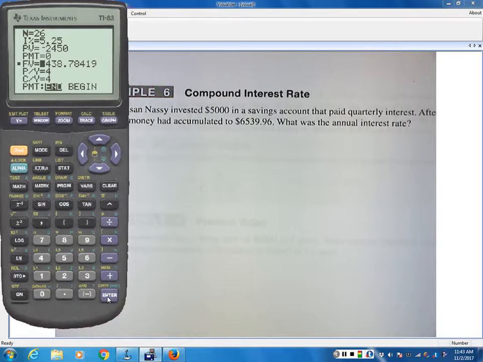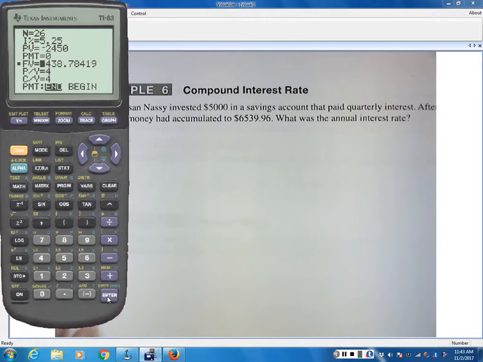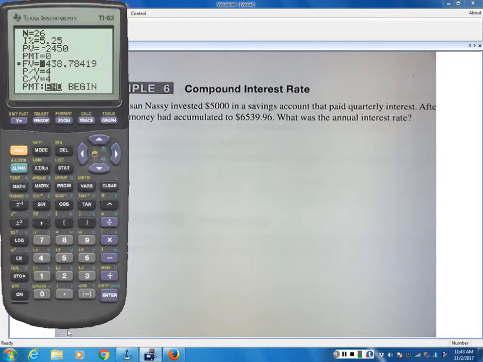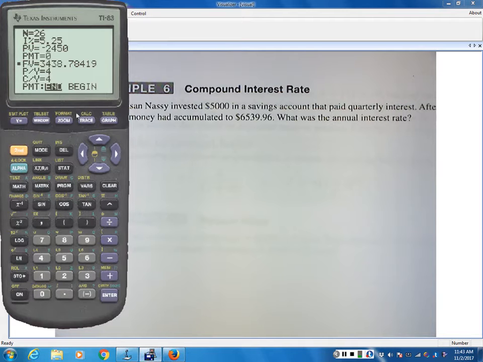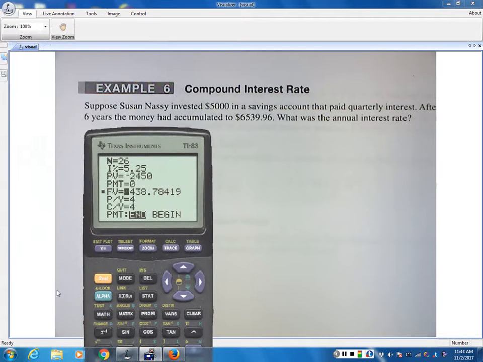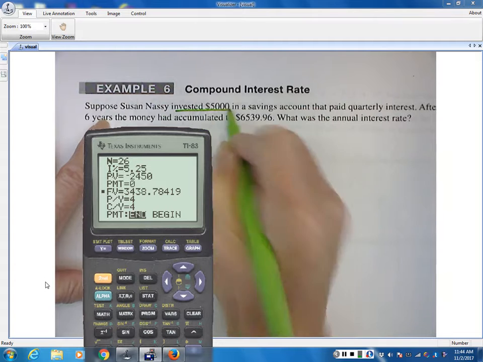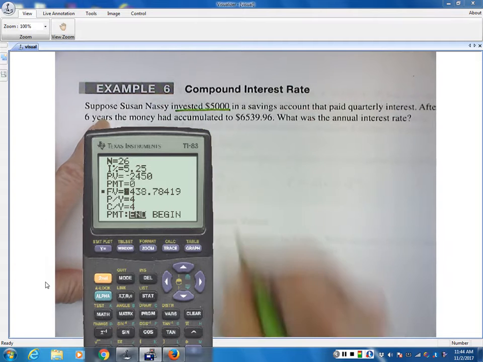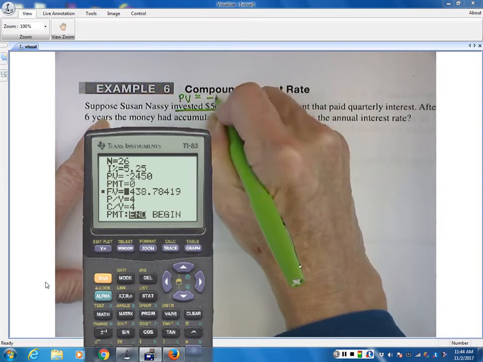So let's do one more example before we move on. And we're going to use the calculator. So I'm going to get it up here, but I'm going to try not to cover everything up. So Susan invested $5,000. That means her present value is going to be negative because she paid in that $5,000.